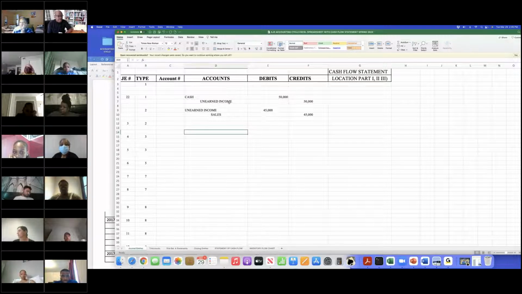When we earn the money, however many people come in, then we debit unearned income and credit sales. That's always the adjusting entry. You have to calculate the amount. So are we clear on unearned income? The AJE that everybody is required to know.